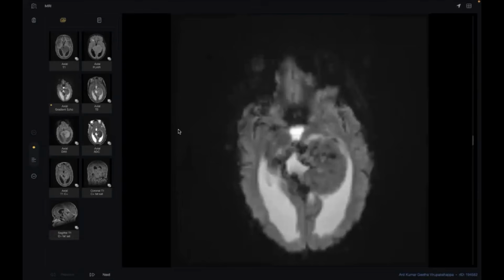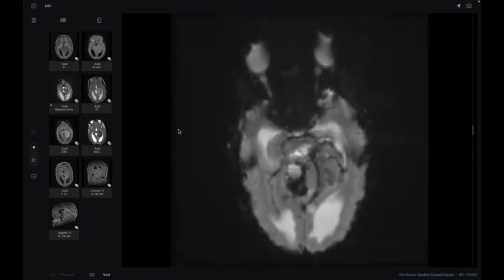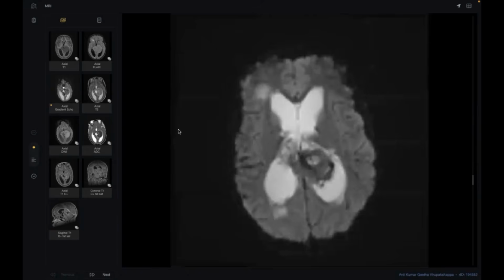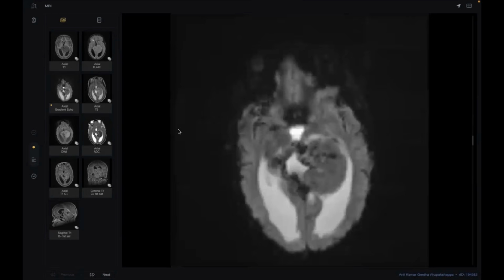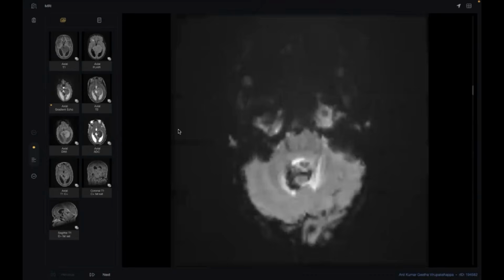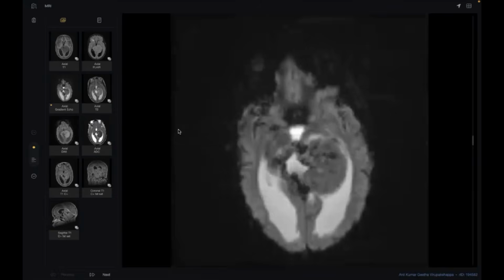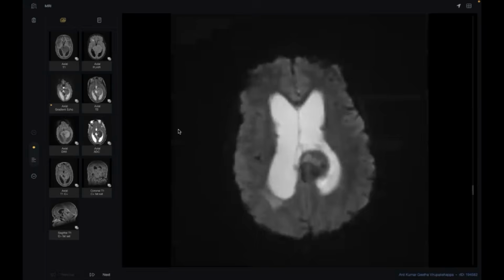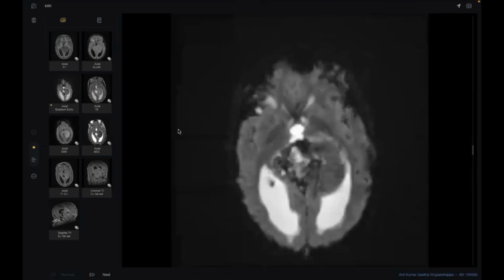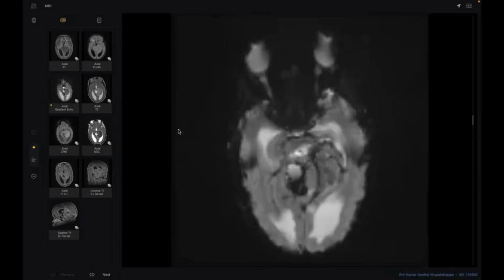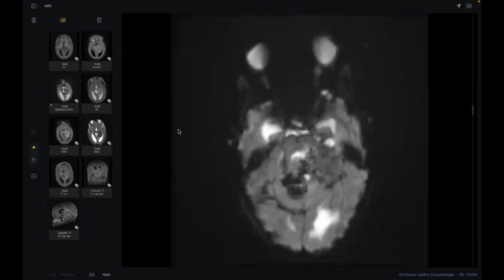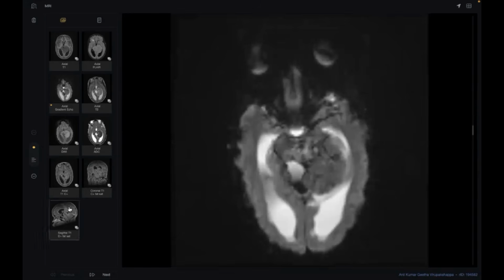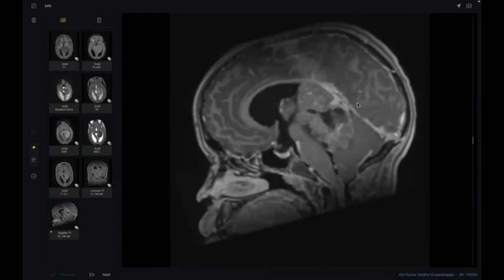I think the origin of the mass is here. Some of the areas are showing a low signal or blooming artifact. What does it mean for you? On GRE, it is showing hemorrhage in this region.